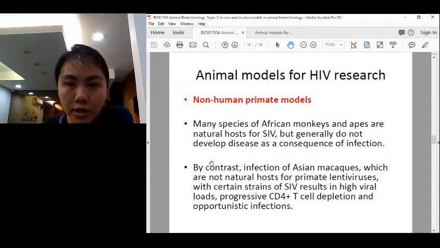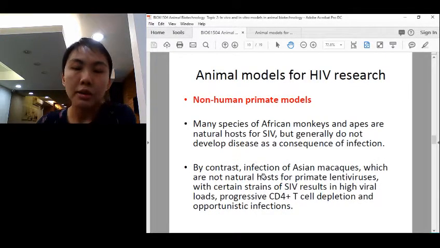In contrast, infection of a special breed of non-human primate models called Asian macaques, which are not natural hosts for primate lentiviruses, with certain strains of the simian immunodeficiency virus results in high viral loads, progressive CD4 positive cell depletion, and opportunistic infection.